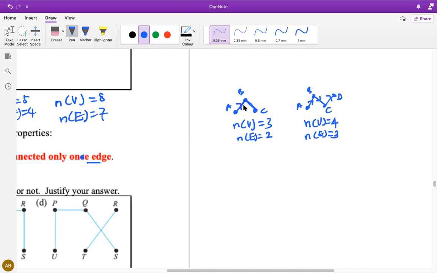So that's what you say, in layman's terms. So if I have 4 vertices, I can also draw like this. So this is A, this is B, C, and D. So you can see there are 4 vertices connected through C, but if I want to go from B to D, I have B, C, D. I have one route only.